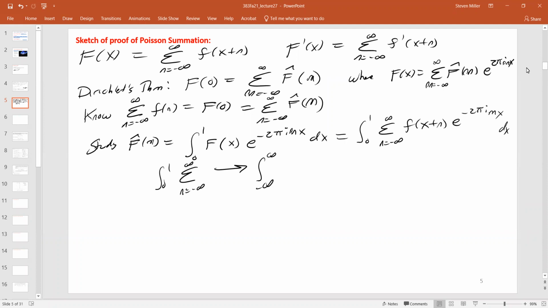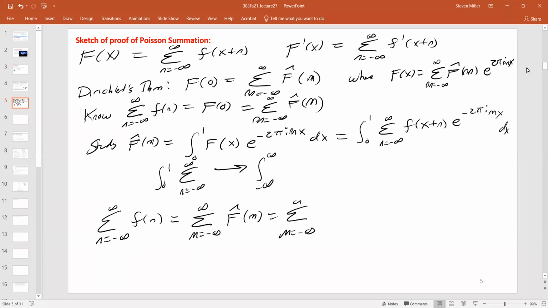So we get the sum, n goes from minus infinity to infinity, of f of n is equal to the sum, m goes from minus infinity to infinity, of f hat of m, which is the sum, m goes from minus infinity to infinity, of the integral from minus infinity to infinity of f of x e to the negative 2 pi i m x dx.